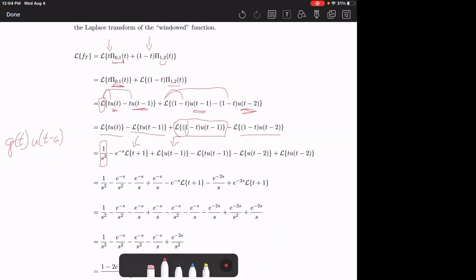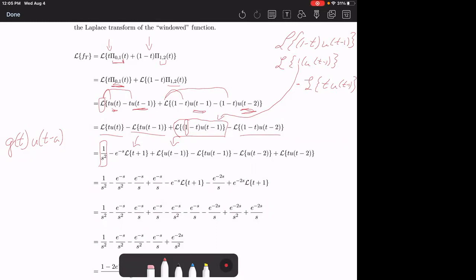So we're going to look at how this has actually been broken up because there's a couple steps in here, so we'll explain. So the Laplacian of 1 minus t times u of t minus 1. What we're doing is expanding this to become the Laplacian of 1 times u of t minus 1 minus the Laplacian of t u of t minus 1.